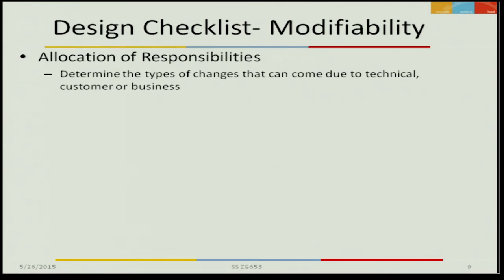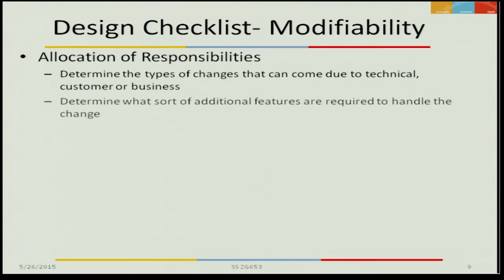When you are talking about allocation of responsibilities to different components of the system, first you need to determine the type of changes that can come, due to either technical reasons, customer requirements, or business. That means anticipate what types of changes can happen later on.